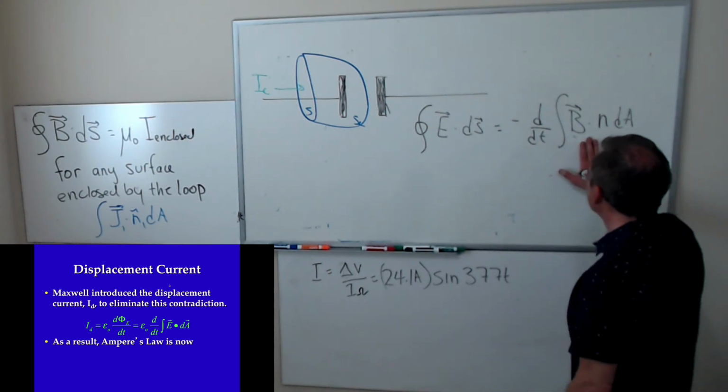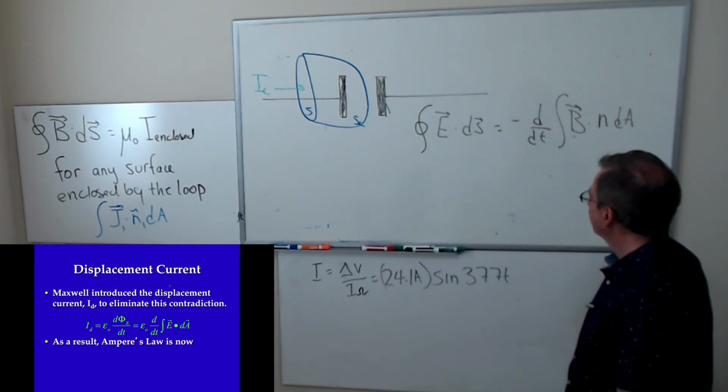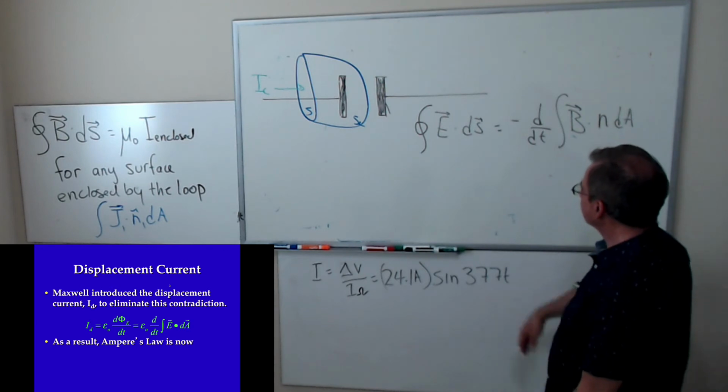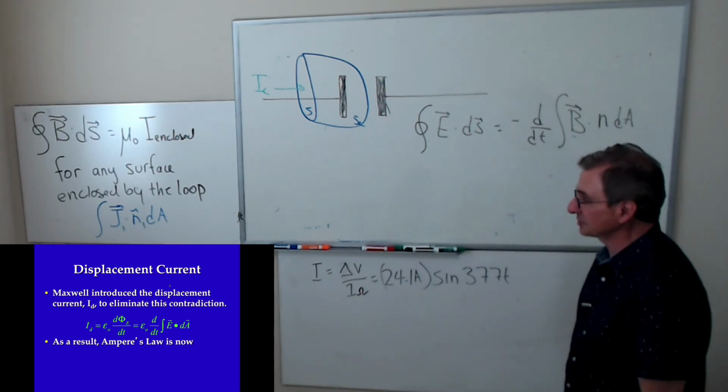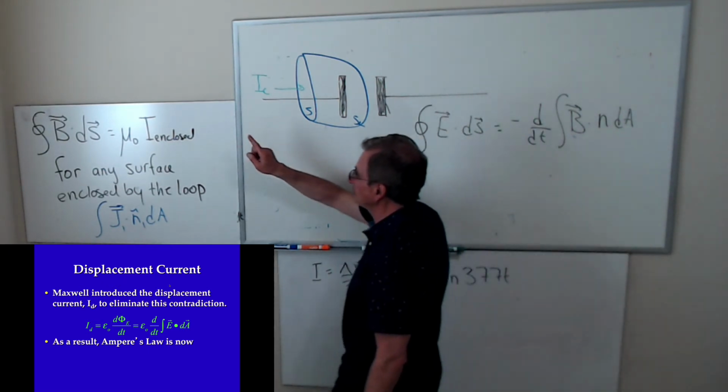He said that if a time-varying magnetic field can produce an electric field, then a time-varying electric field should be able to produce a magnetic field. And so he added a correction term to this.